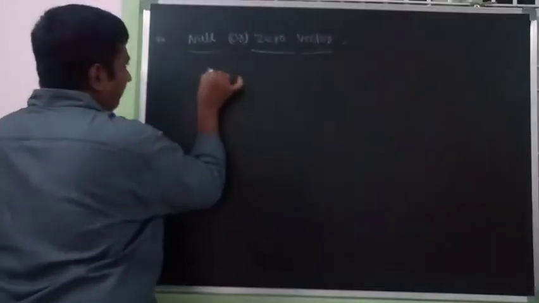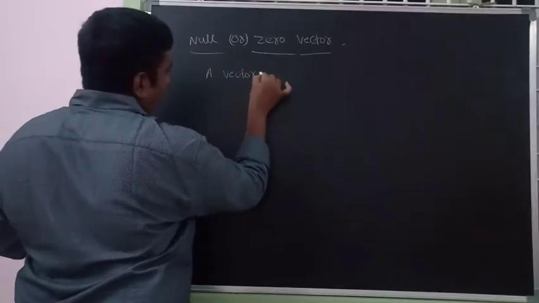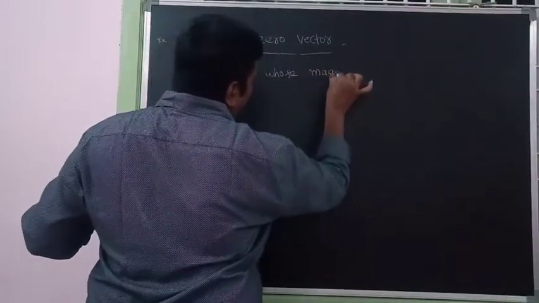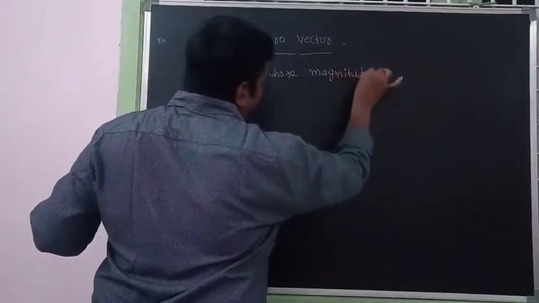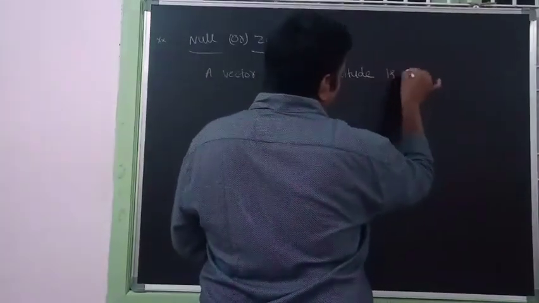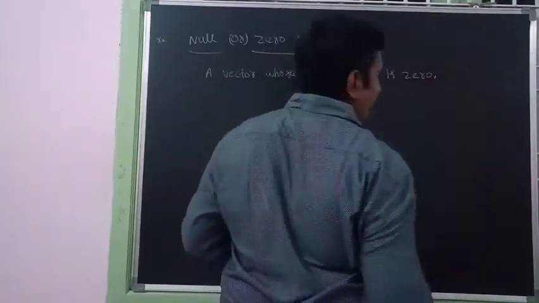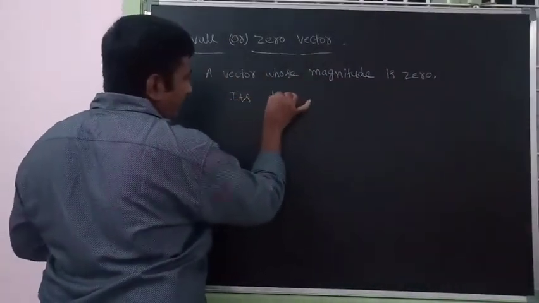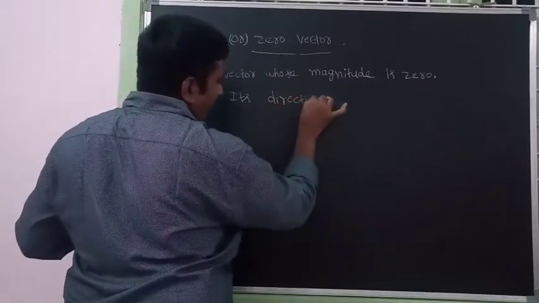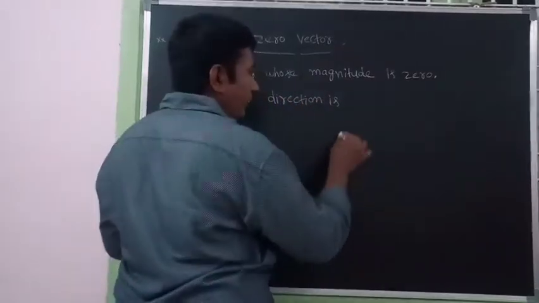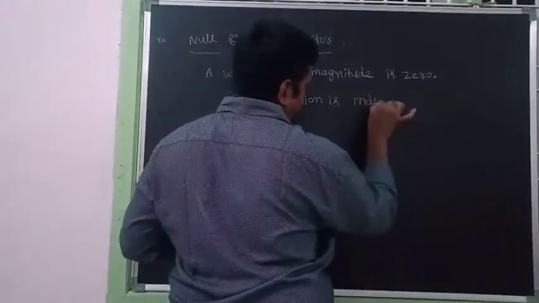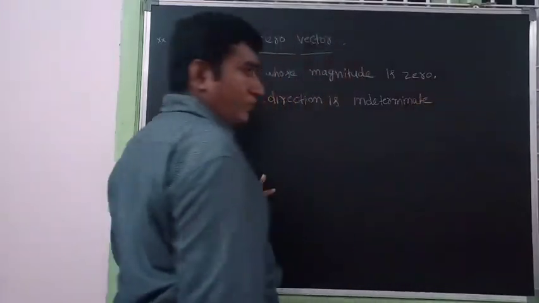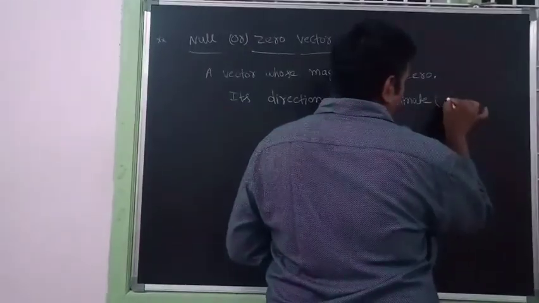A vector whose magnitude is 0, its direction is indeterminate, or we can call this arbitrary.